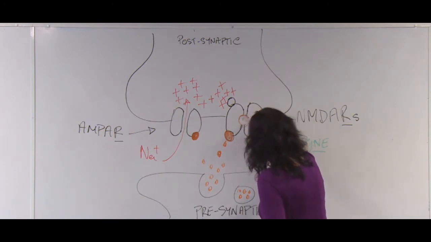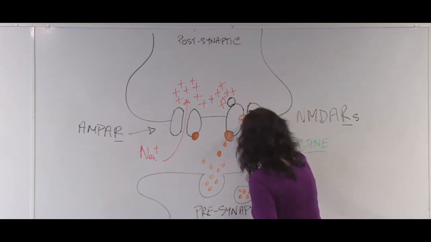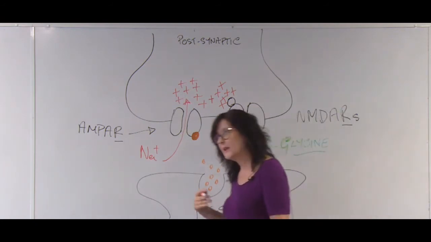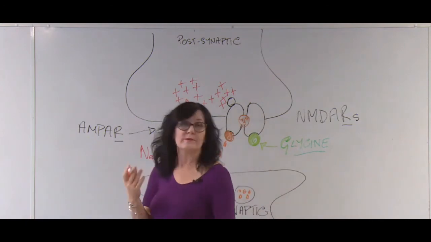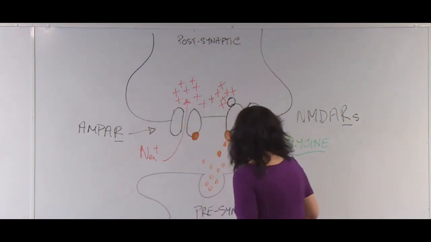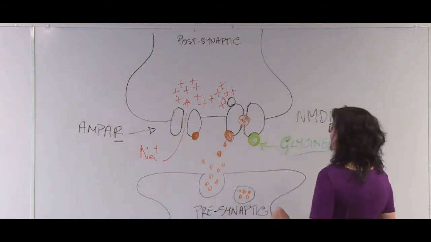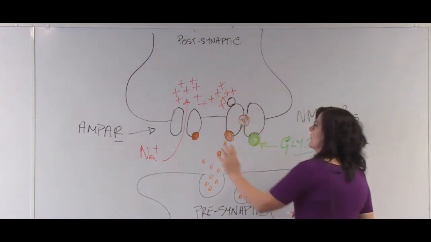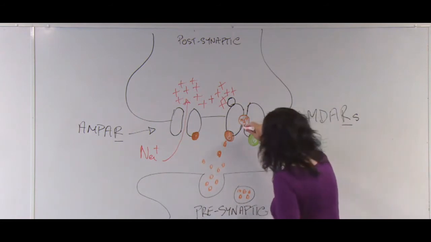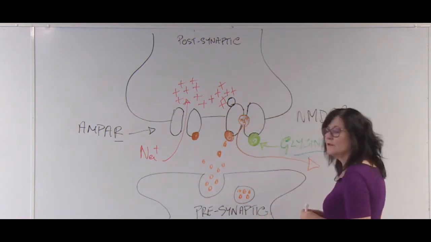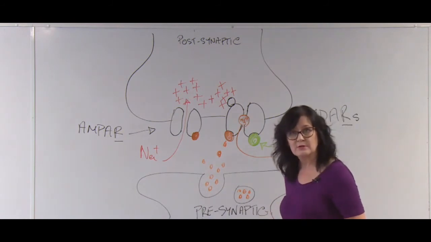Mg++. Magnesium is a double cation, a bit like calcium, or iron for that matter. When we get both glutamate binding, glycine binding, depolarization via the AMPAs, magnesium comes out of the channel and opens the channel.